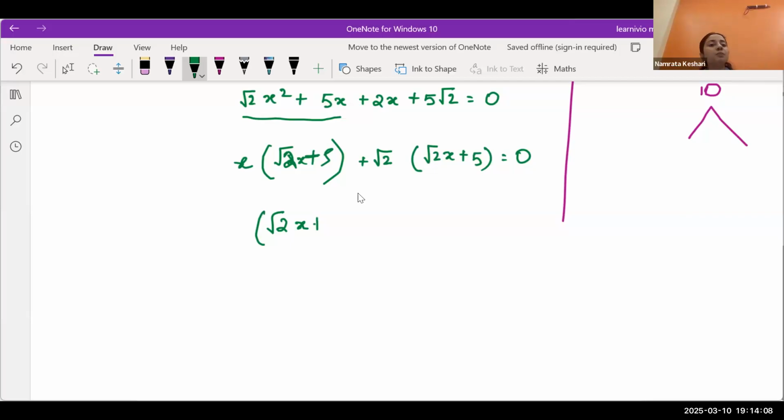So maximum we will be getting two solutions. Maximum, I am saying, Ryan. It can be one solution, it can be zero solutions, that means no solution. Getting it? Yes, ma'am. This is not just for quadratic, it is for cubic as well, degree 4 as well, degree 5 equations.